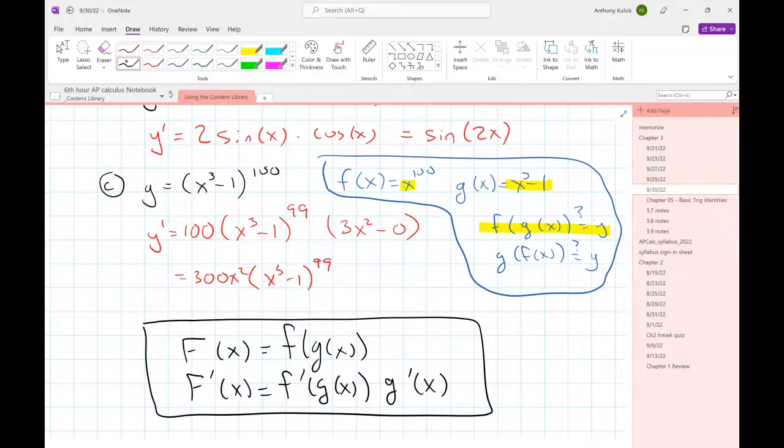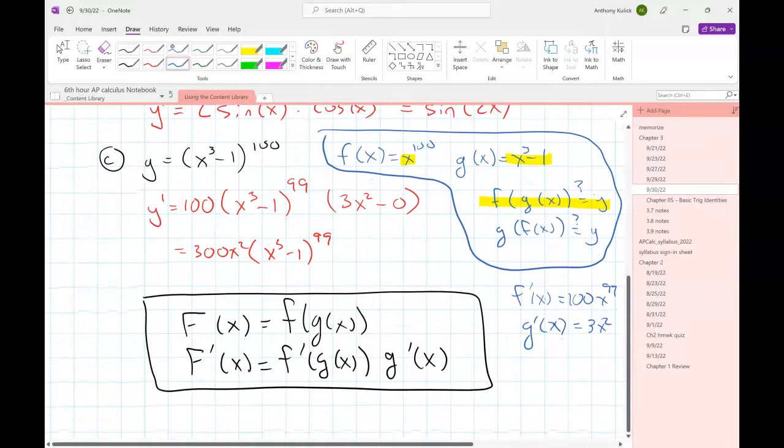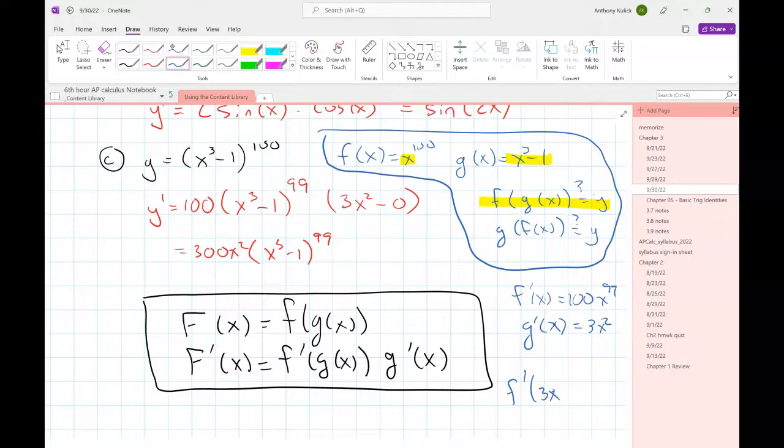So if you want to think about it symbolically first and say, oh, okay, here's my g, here's my f, and f prime was 100x to the 99th, and g prime was 3x squared. So if I did f prime of g of x, of x cubed minus 1, well, that would be 100 times x cubed minus 1 to the 99th.